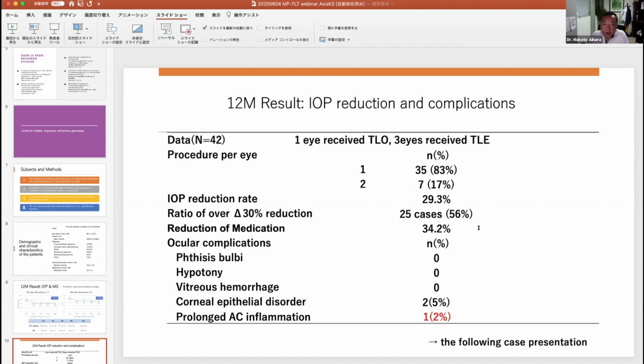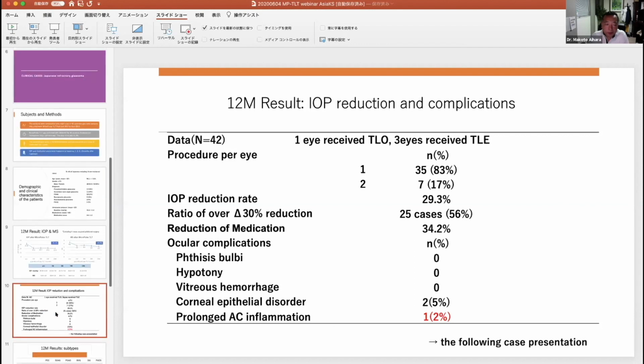The reduction of medication is 34.2%. For complications, there was no phthisis bulbi, hypotony, or vitreous hemorrhage. 2 cases had corneal epithelial disorder, but cured within a month, and 1 case had prolonged anterior chamber inflammation. I want to show these cases later.